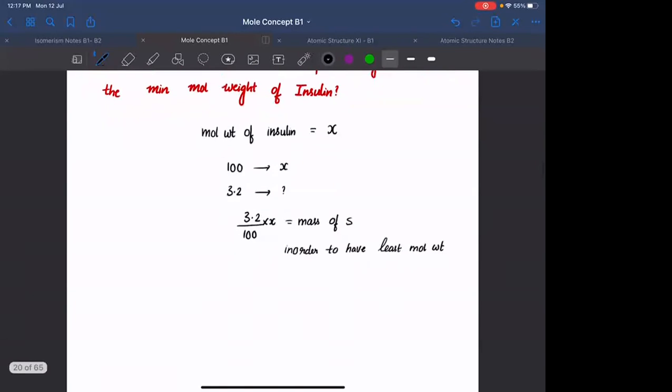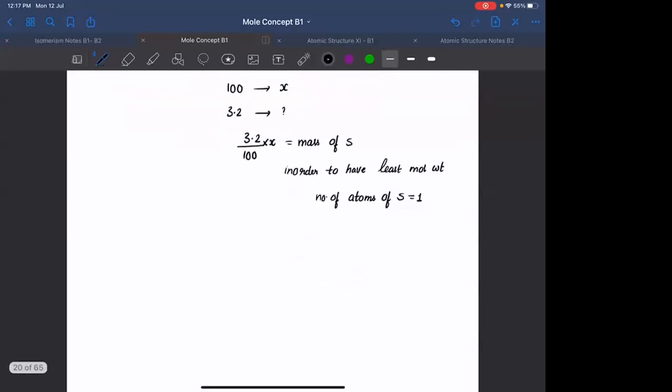As the number of sulfur atoms increase, the molecular weight will increase. So in order to have least molecular weight, number of atoms of sulfur must be equal to 1. So what I can say is 3.2 x upon 100 must be equal to mass of one sulfur atom.